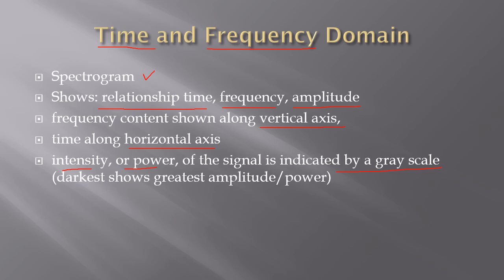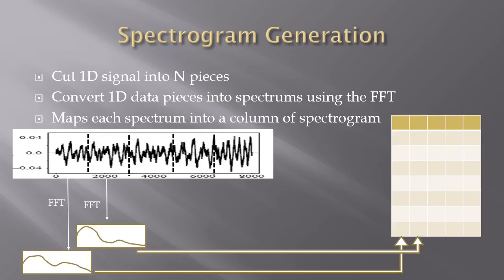Okay, so I will show you the mechanics of how to get the spectrogram. Remember that our data first has to be divided into a number of frames. Sorry, I am using pieces here, but the proper name is frames or blocks.